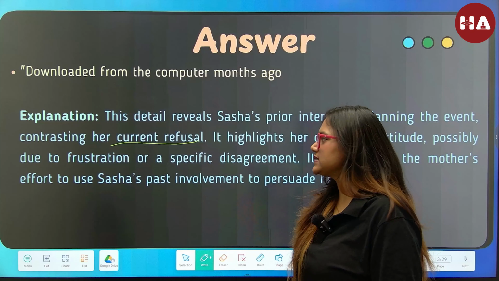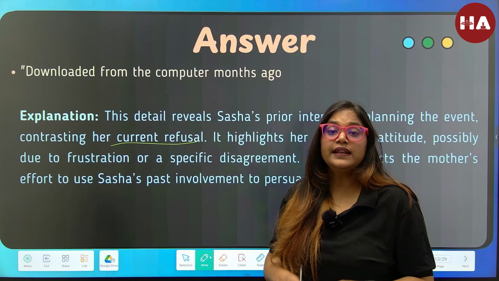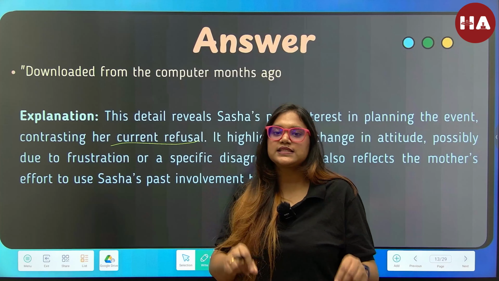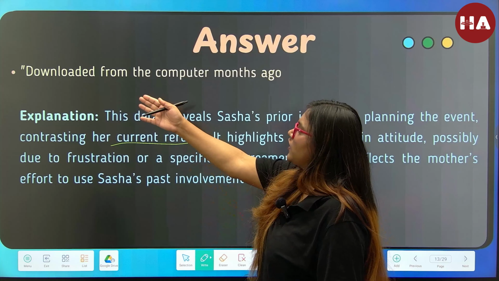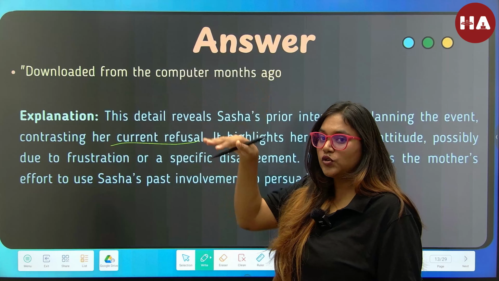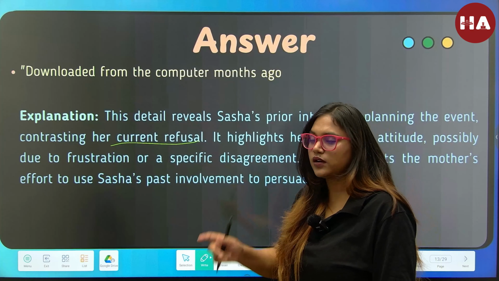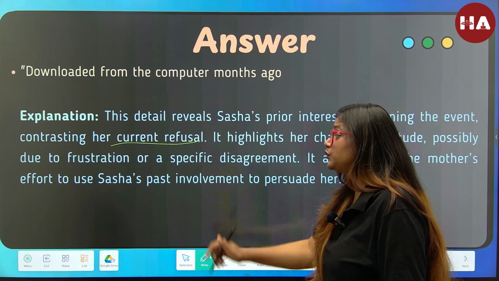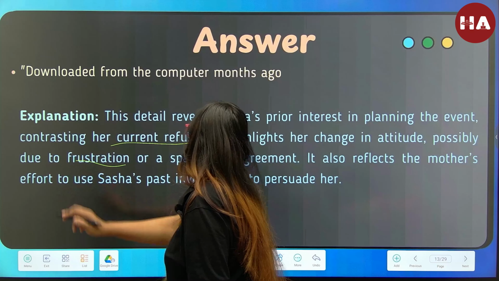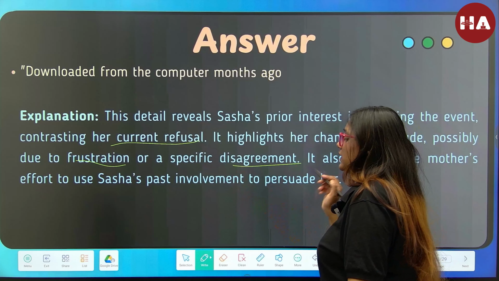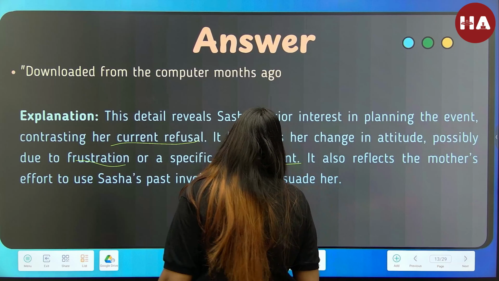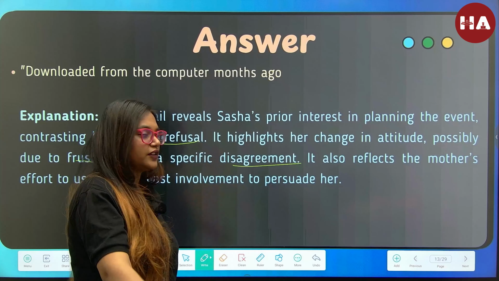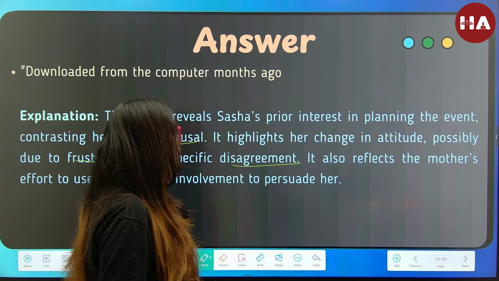We are getting a contrast here because she has planned her special day in detail, and this is why she downloaded those cake pictures from the computer months ago. It highlights her change in attitude, possibly due to frustration or a specific disagreement, maybe with the mother or with that student she particularly does not want to call to her party.